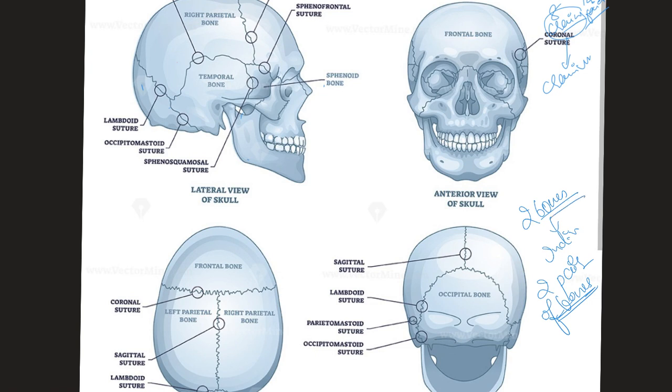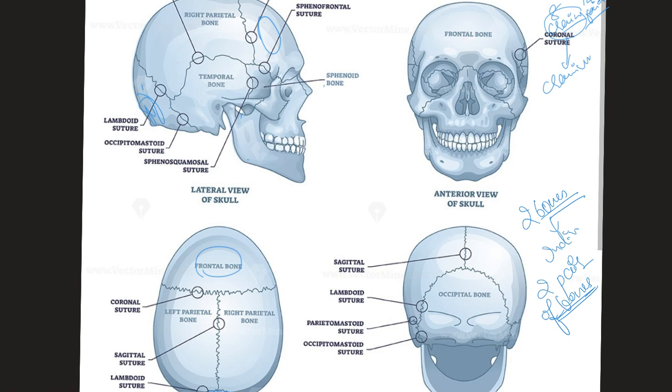These two bones are the frontal bone and the occipital bone. They are individual bones, that is, they don't have a counterpart. So this forms the frontal bone and this here is the occipital bone.